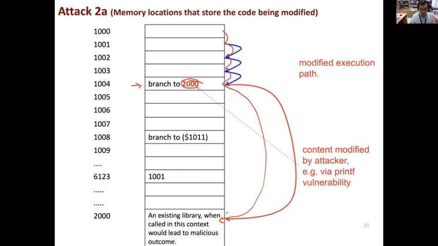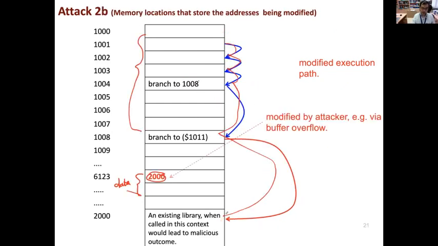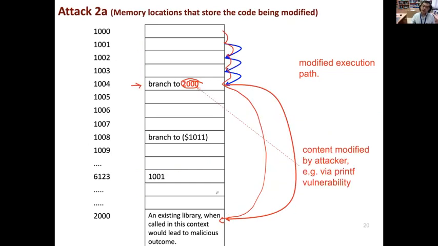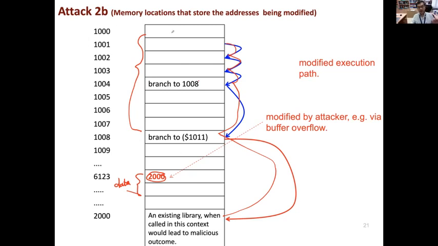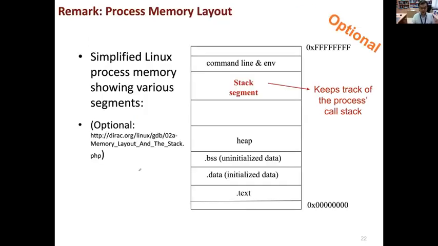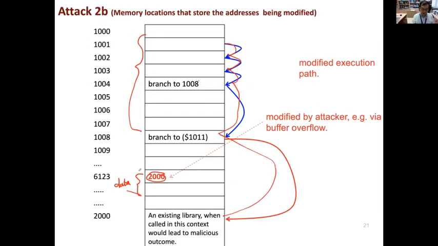Although it achieves the same effect, the difference between 2A and 2B is this: in 2A, the attacker had to modify memory locations designated as program, while in 2B, the attacker modifies locations designated as data. In particular, this data part could be the stack.